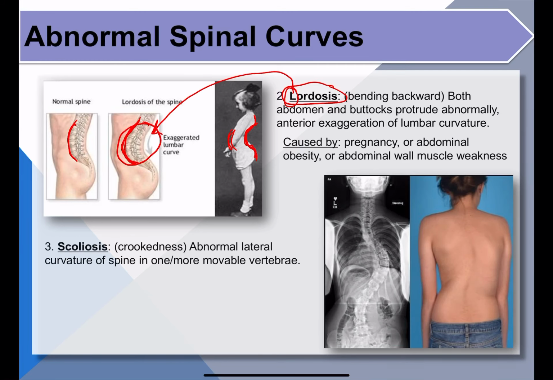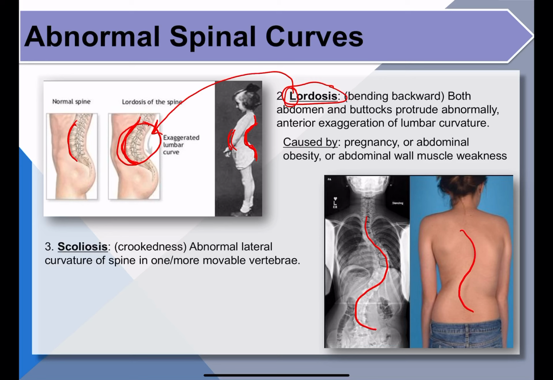And thirdly, the third abnormal spinal curvature is called scoliosis. Maybe you're more familiar with this because I have heard about this more than the other two abnormal spinal curves. I've heard of scoliosis every now and then, and I can easily remember what this represents because scoliosis starts with the letter S, and the backbone kind of ends up looking like an S too, as you can see in this image here, how it curves like this.